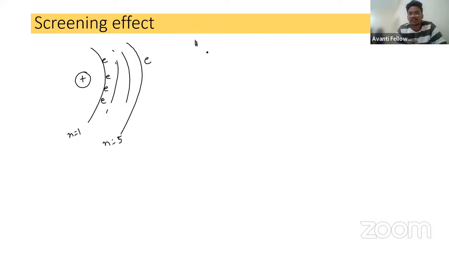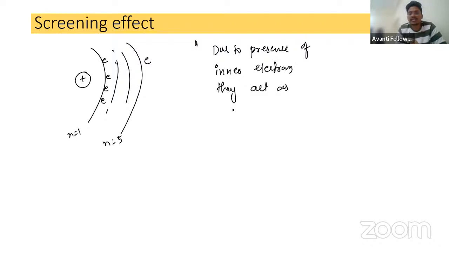The screening effect is simply due to the presence of inner electrons. They act as a screen or shield between the nucleus and the outer electron.